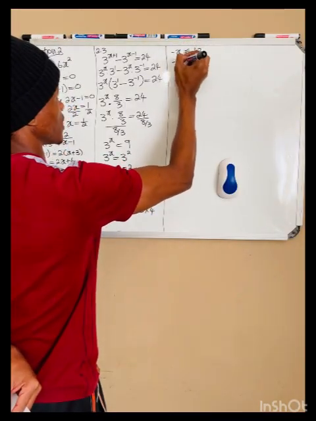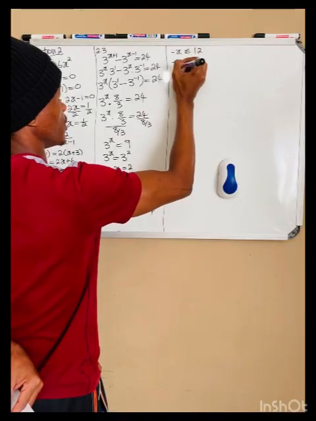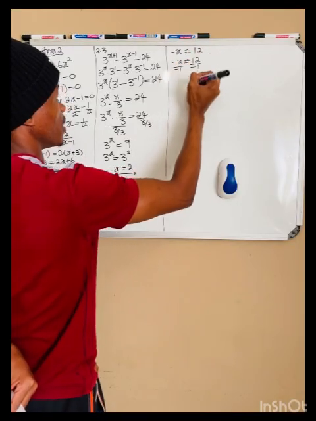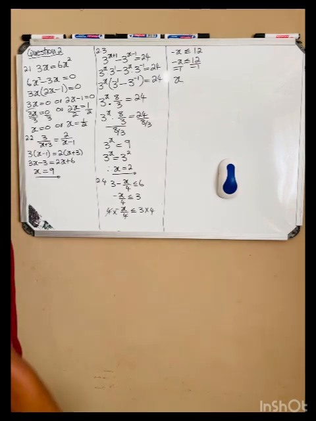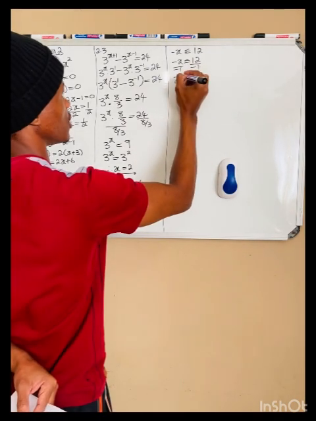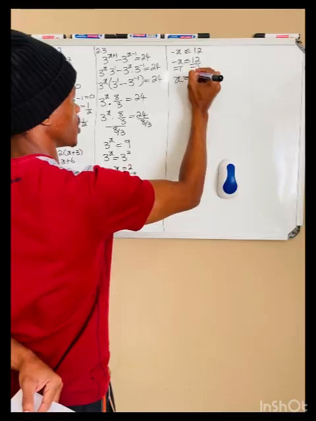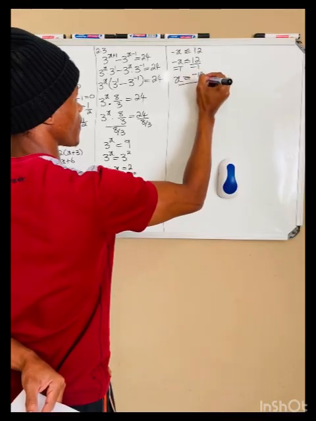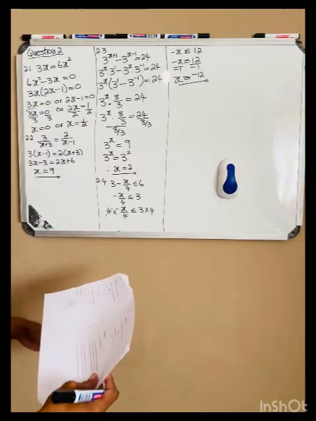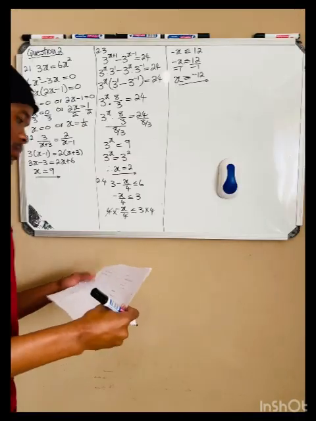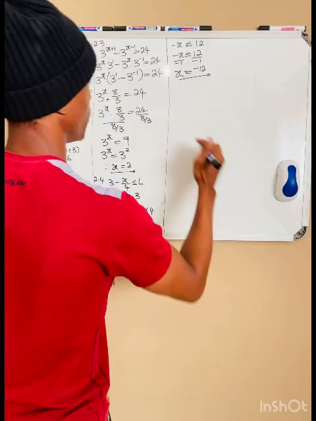We divide by negative 1. Once you multiply or divide by a negative, the inequality sign changes direction. Now it becomes x greater than or equal to negative 12. Here they just said solve for x. They never said represent your solution on a number line.